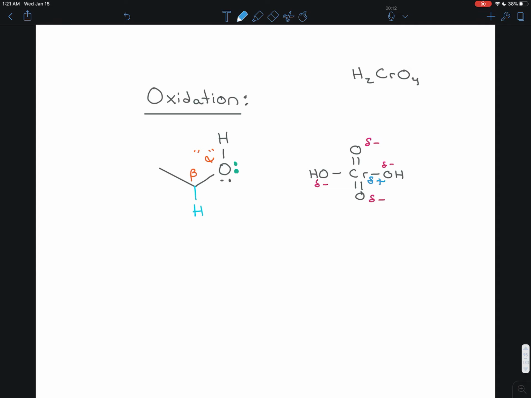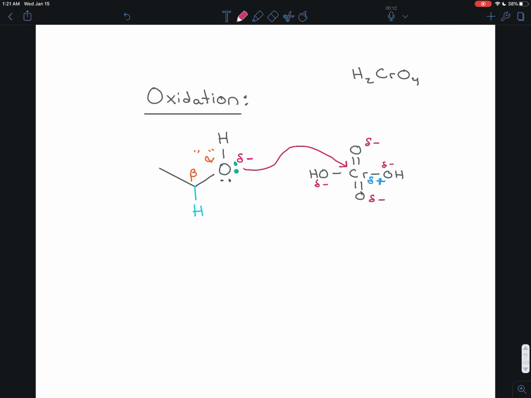It becomes slightly positive. The oxygen in the alcohol is slightly negative. And so as these molecules smash into each other, the lone pair on the slightly negative oxygen can attack and stick to the slightly positive chromium.